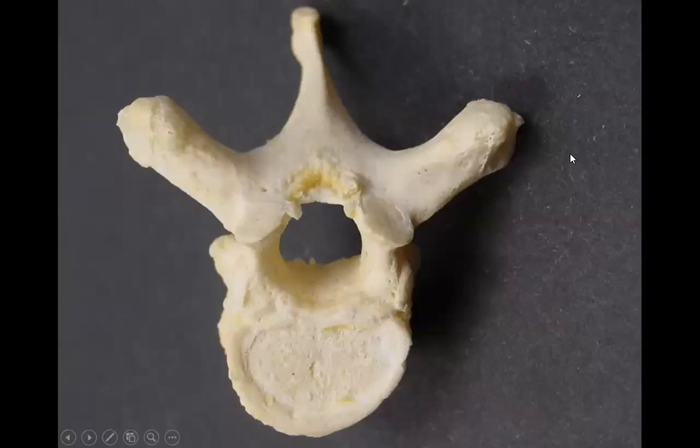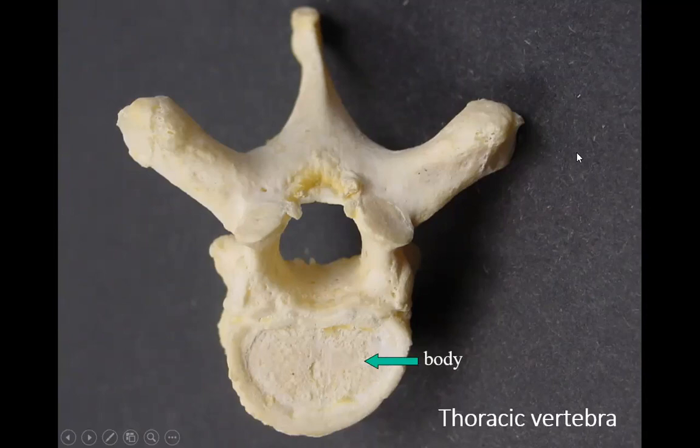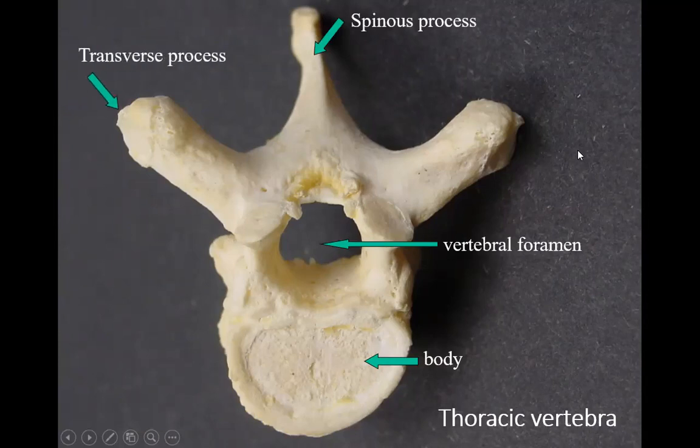Now here we see, looking straight down onto another thoracic vertebrae, you can see the body of the vertebrae. Here we see the vertebral foramen, where the spinal cord goes through. Here we see the spinous process. And we see the two transverse processes, one there and one on the other side.